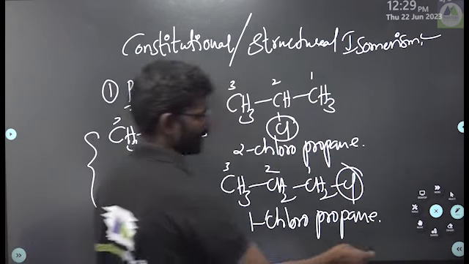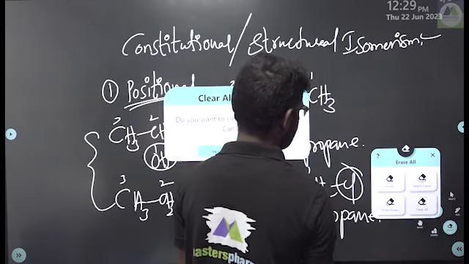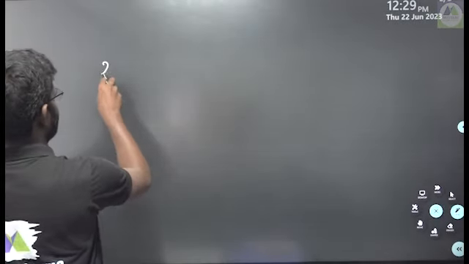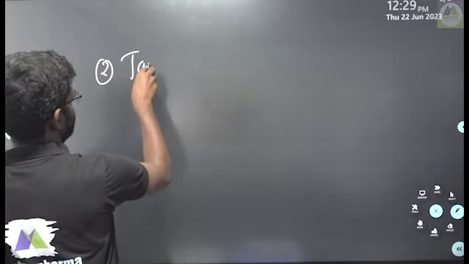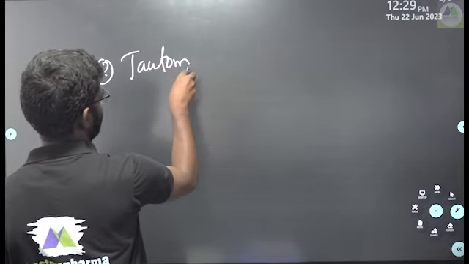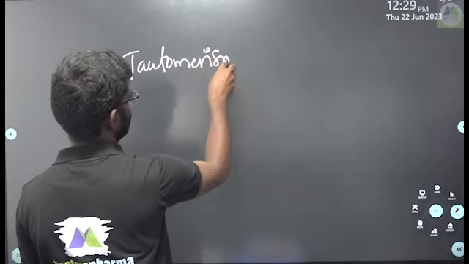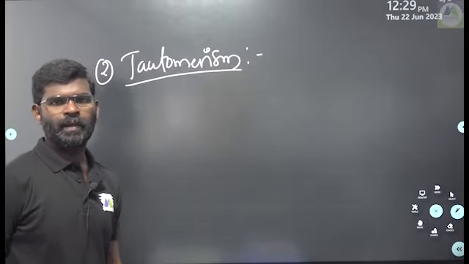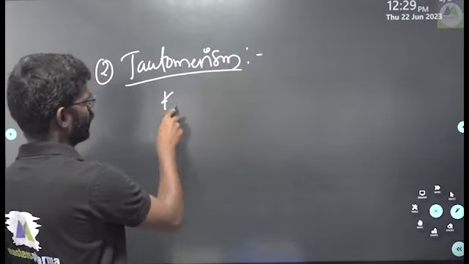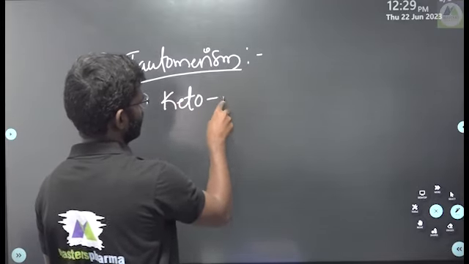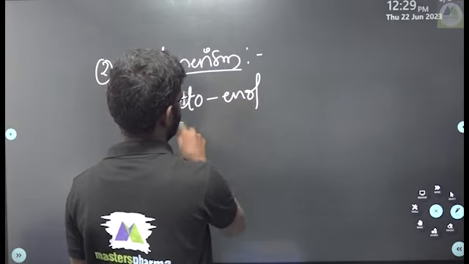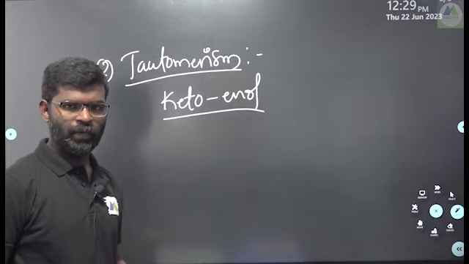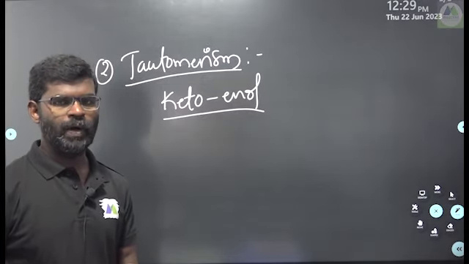Coming to the next classification, the second one is tautomerism. When we hear tautomerism, we remember keto-enol tautomerism. One is the keto form, another is the enol form.